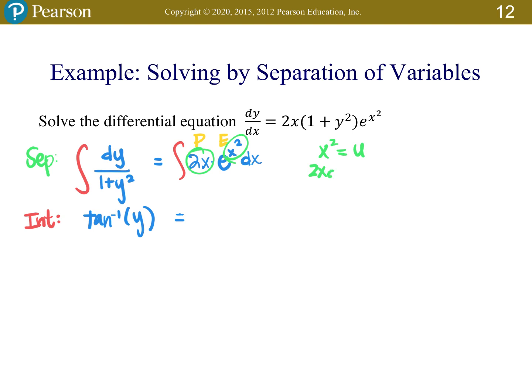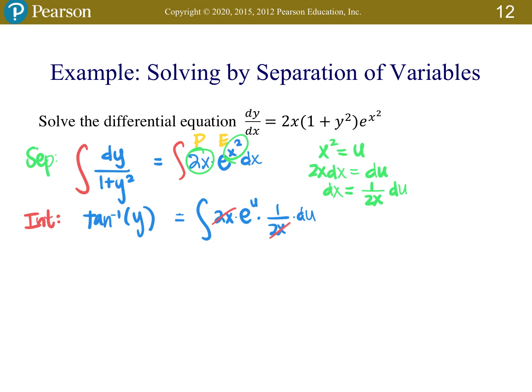Then 2x dx would be our du, which means dx is du over 2x. That's going to work out great because we have the 2x in our integrand. So what we've got is 2x e to the u, and then substituting 1 over 2x du, that's going to be a great way to eliminate the 2x from the problem altogether.